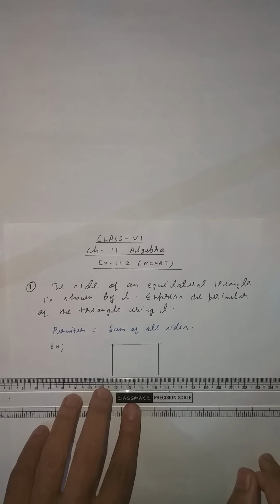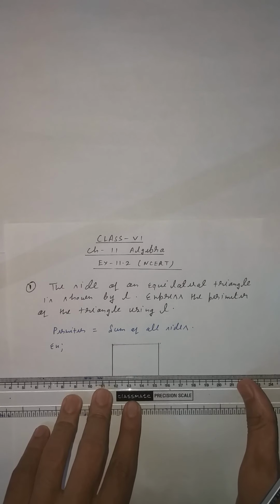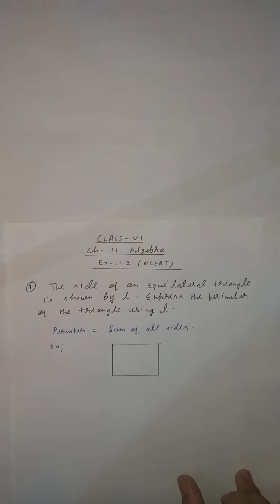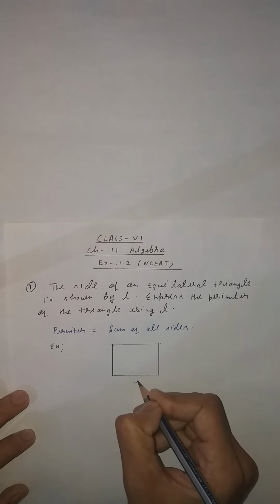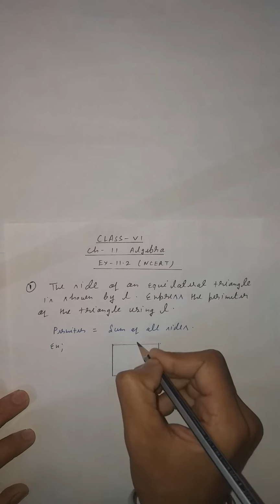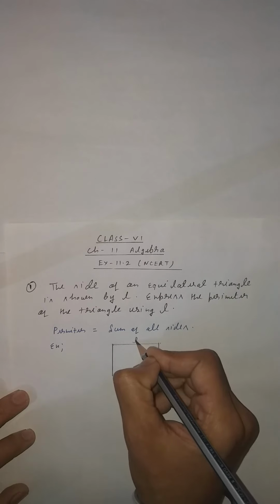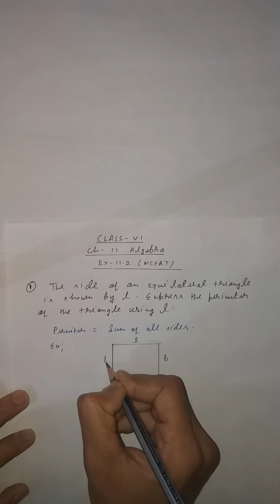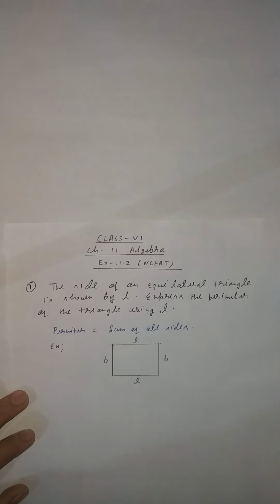So you have to find out the perimeter of this. So perimeter of this means sum of all sides. You know that this is our length, and this is breadth.